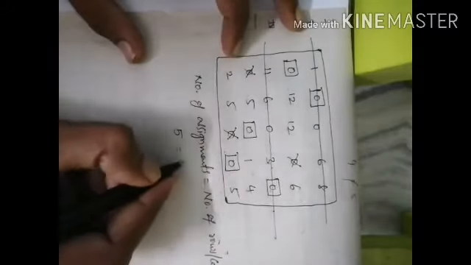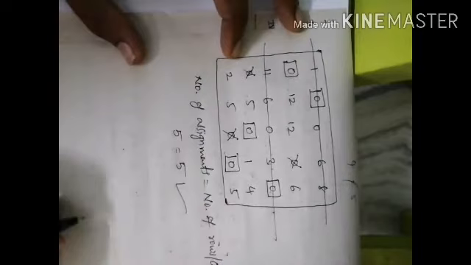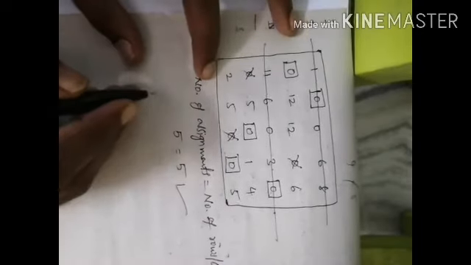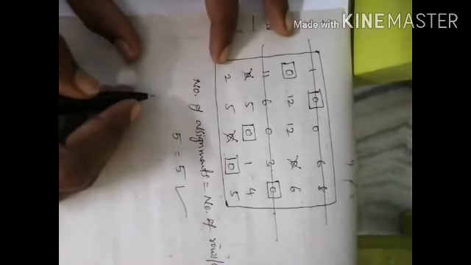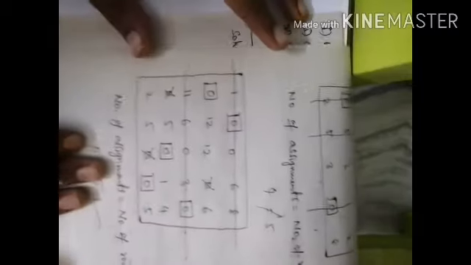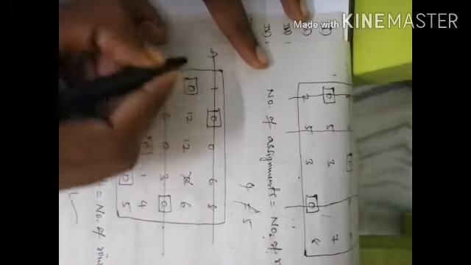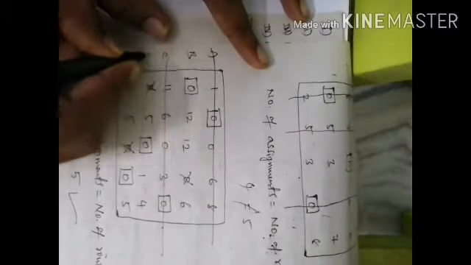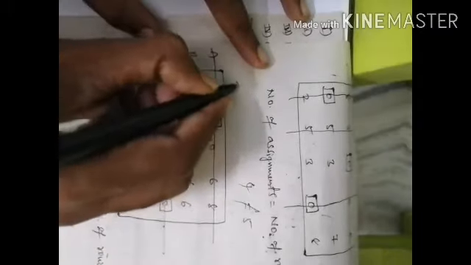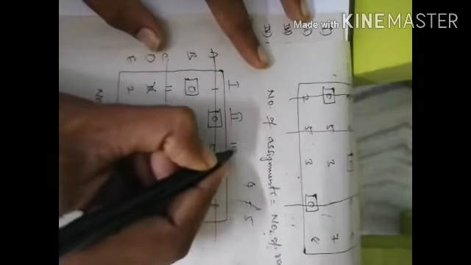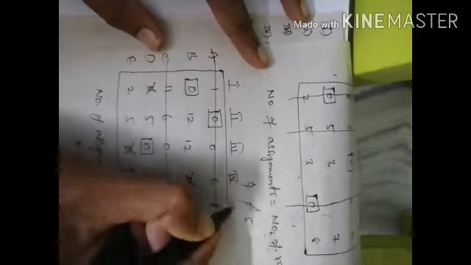The number of rows is also 5, so the condition is satisfied. So now the optimum schedule is, here I am writing A, B, C, D, E, 1, 2, 3, 4 and 5.